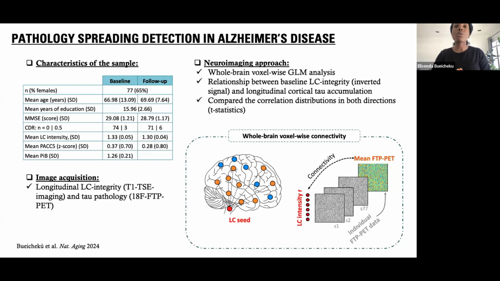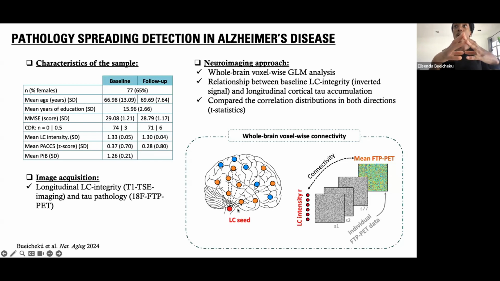And what we did is to relate LC integrity, where an inverted signal, so less integrity, will mean more tau, like more tau is actually damaging the LC. And we investigated how it related to the accumulation of tau across the entire cortex.